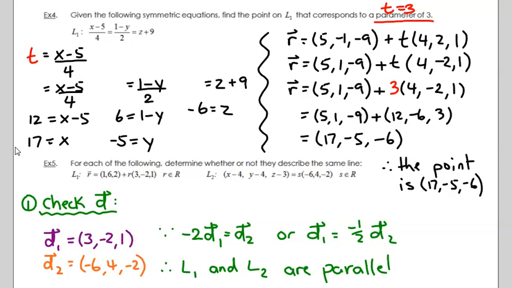So what I'm going to do is take my equation, which I've been given in symmetric form, and I'm going to start solving. This guy is equal to t, which I have the equation right here. This guy is also equal to t, so t is equal to 1 minus y over 2.